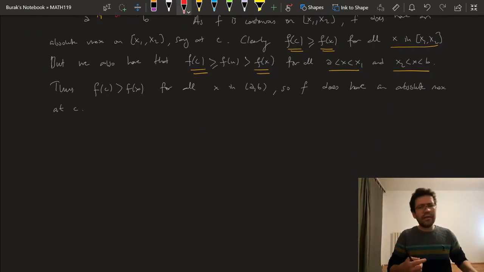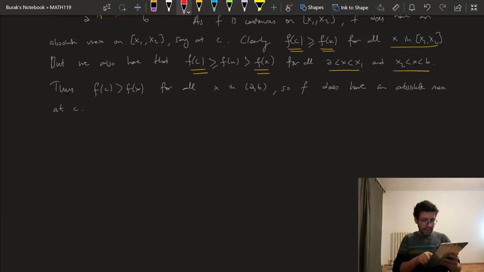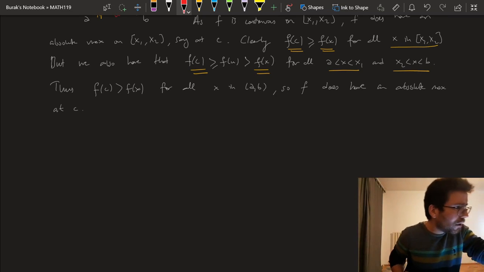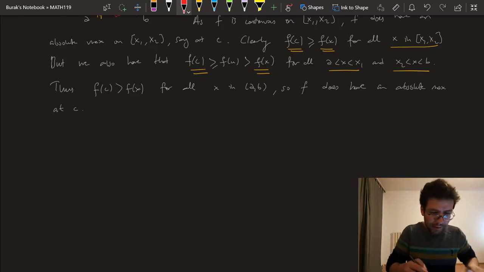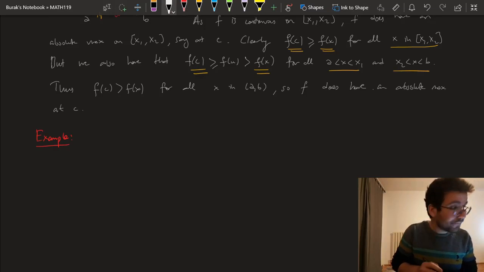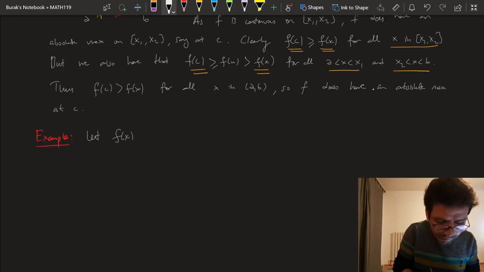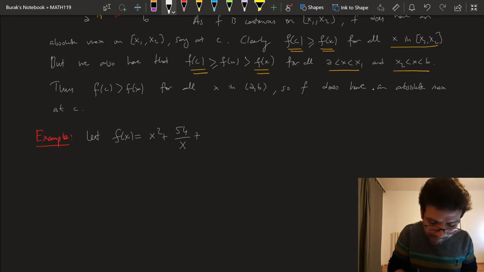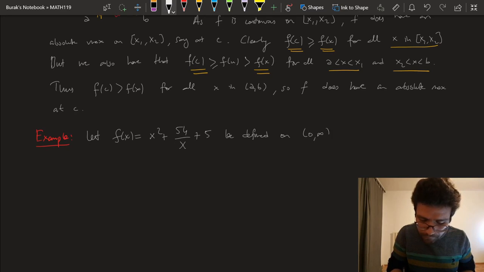Okay, now we're going to see this theorem in action. Let me look at what I want to do. I want to consider the following function. Let f of x be the map x squared plus 54 divided by x plus 5, defined on 0 to infinity.